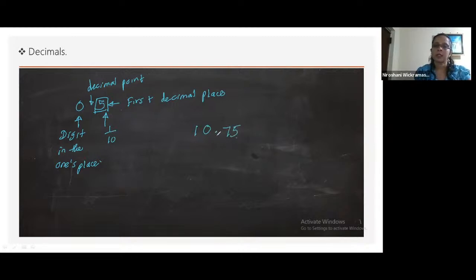This is the decimal point, and this is the 1/10th place. This is the 100th place. After the decimal point, the first number we call the first decimal place.